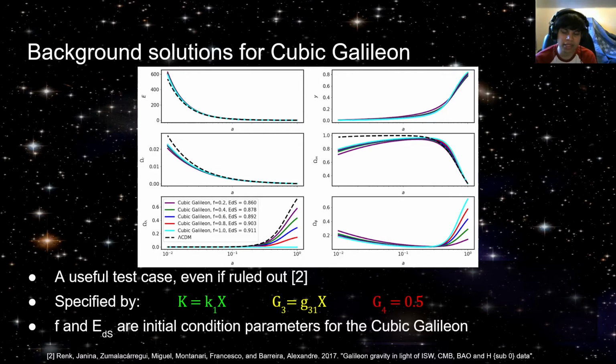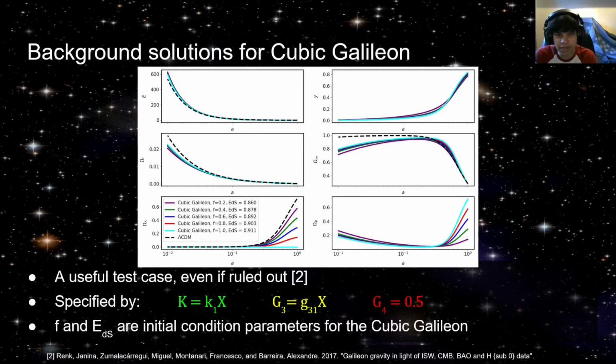So F, just to give a description, is a parameter that controls how much of dark energy today, at a equals 1, is sourced by a cosmological constant and how much of it is sourced by the scalar field. So if F is 1, for instance, that means dark energy is solely made up of the scalar field. And if F is 0, then that means only the cosmological constant contributes to dark energy.